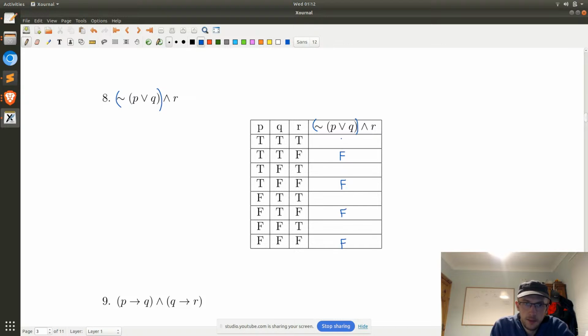And here, true or true, true, false, false and true, false, true or false, true, false, false and true, false, false or true, true, false, false and true, false, false or false, false, true, true and true, true.